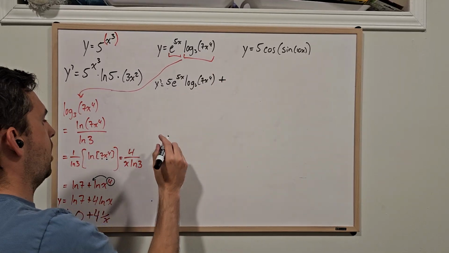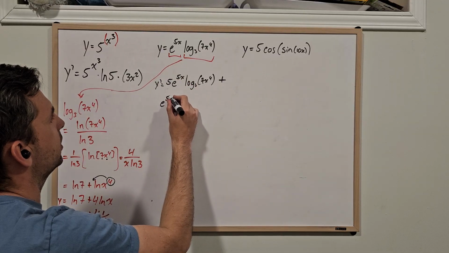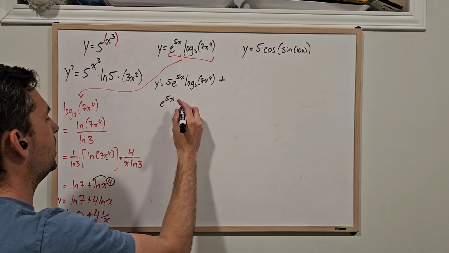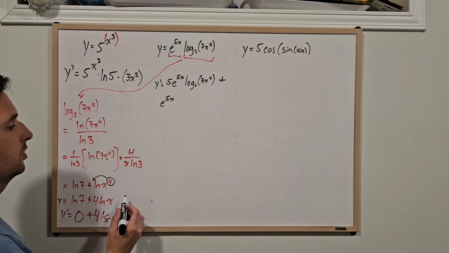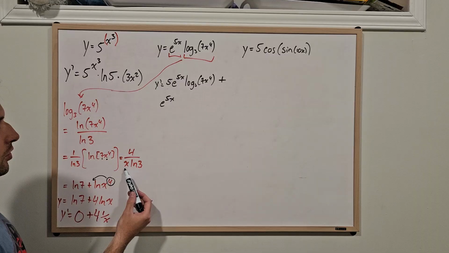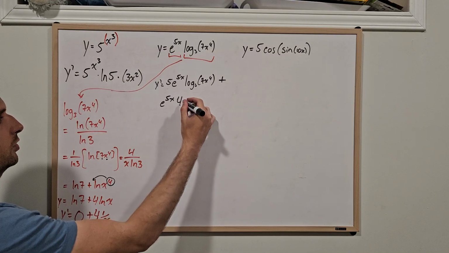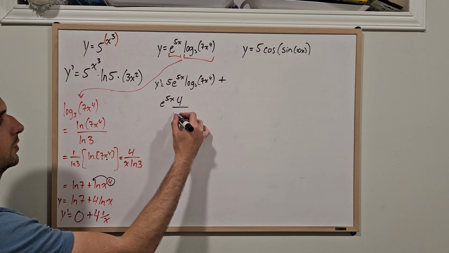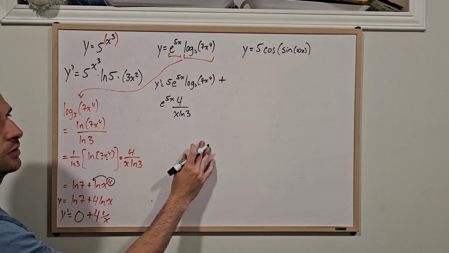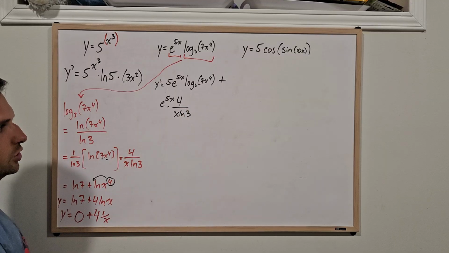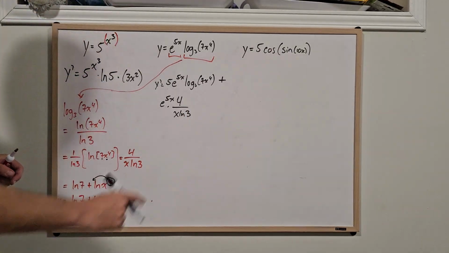Plus, I'm going to write that part down here. I'm going to leave the first part alone, e to the 5x, and I multiply by the derivative of this whole part, which we figured out down here was this: 4 over x natural log 3, right? And this is multiplication here. Just like that, okay?